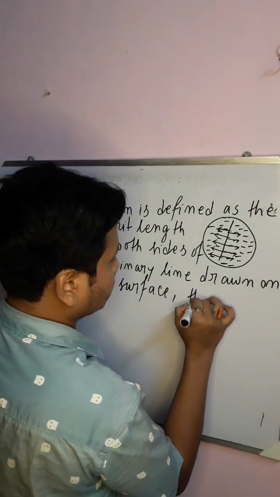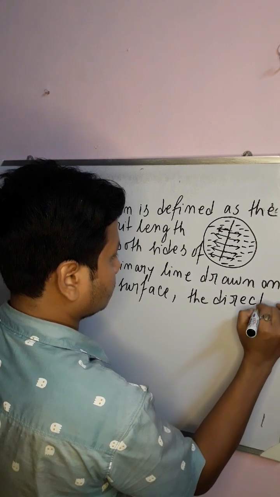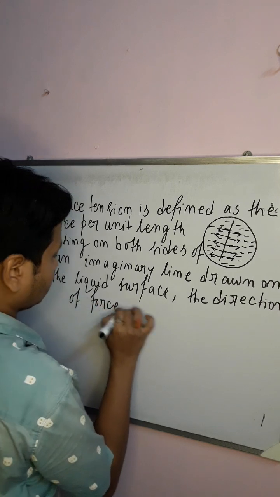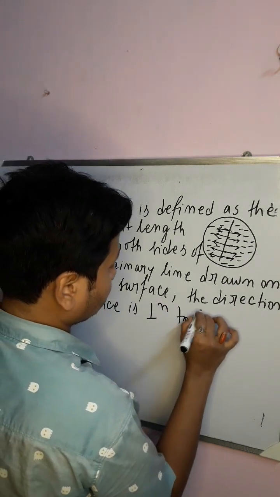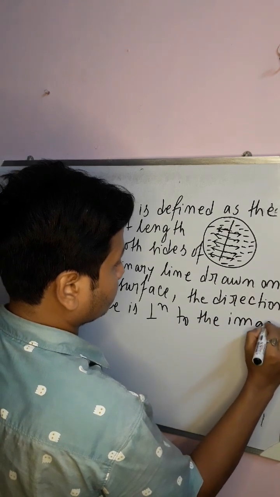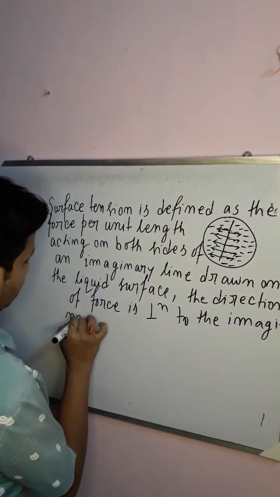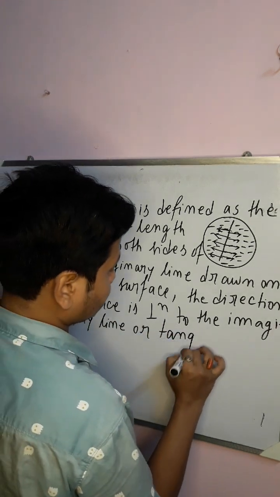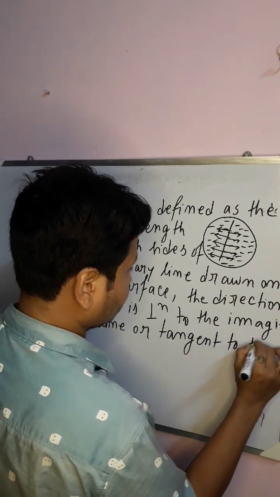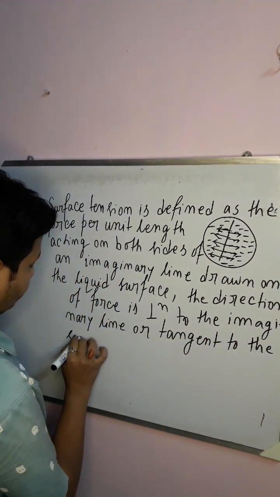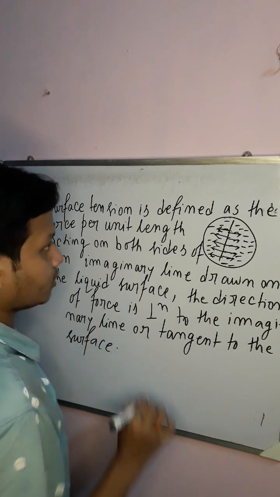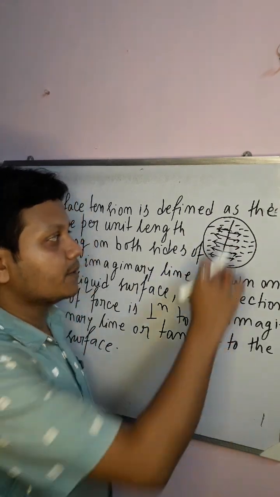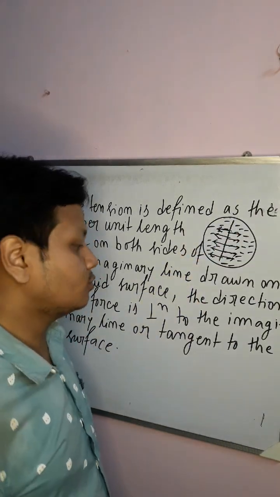The direction of force is perpendicular to the imaginary line, or you can say tangent to the surface. Fine, this is the surface. So it is perpendicular to the imaginary line and tangent to the surface.